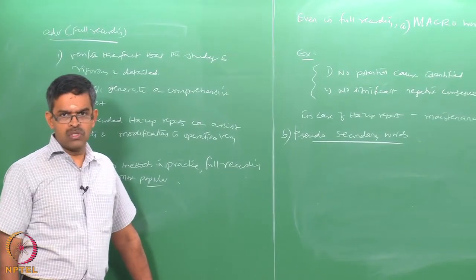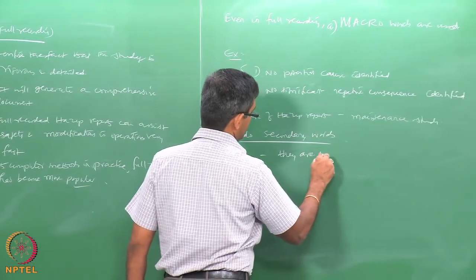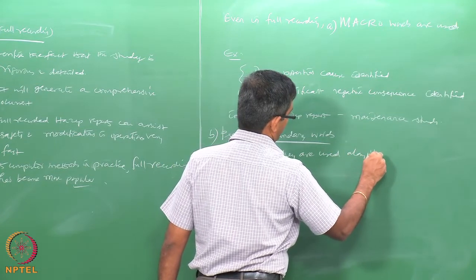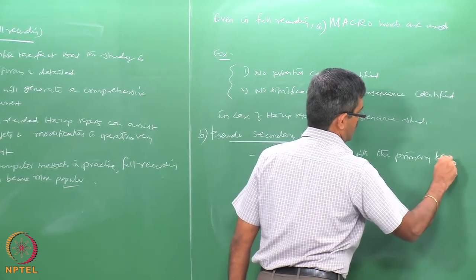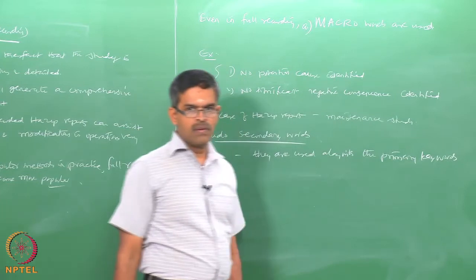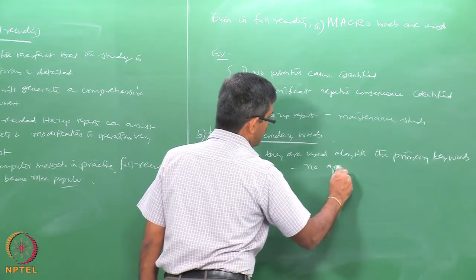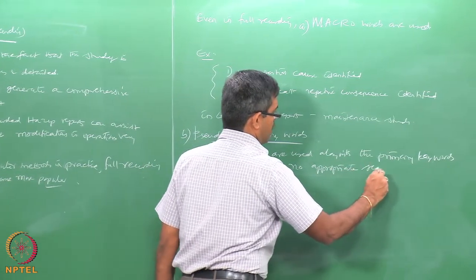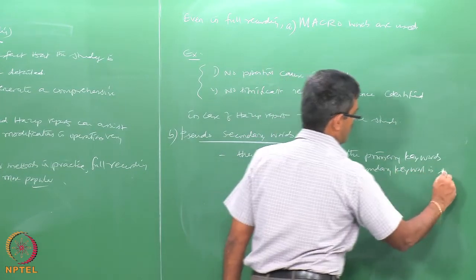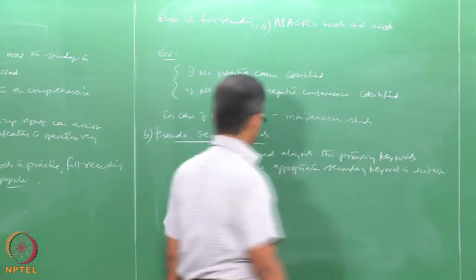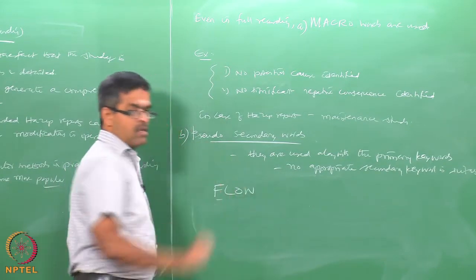Pseudo secondary keywords are those which are used along with the primary keyword when no appropriate secondary keyword is suitable. I can give an example. Let us say the primary keyword is flow, that is the design intent.